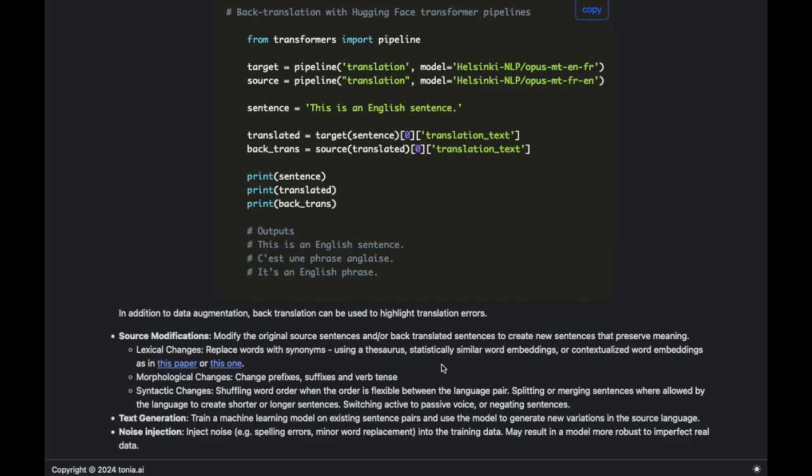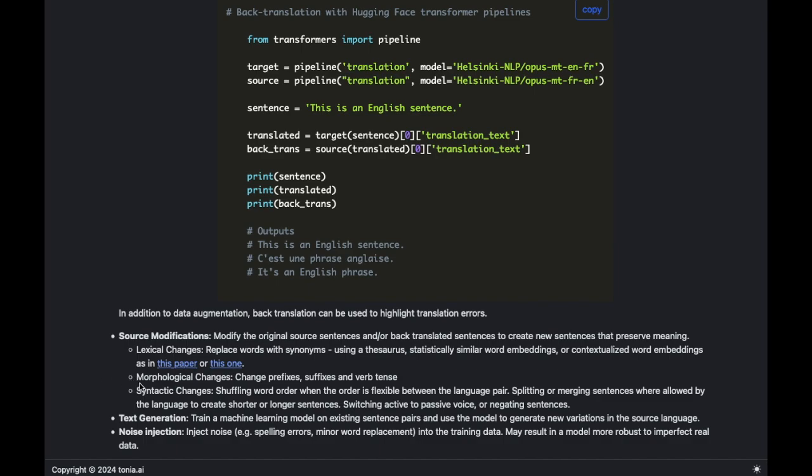You can also have techniques where we employ word embeddings, so instead of taking the word as is, we take the words that have already been embedded using an embedding model and find statistically similar word embeddings. So that would be an alternate to using a thesaurus on the actual words. Or we can use contextualized word embeddings. And I point to just 2 papers here that use contextualized word embeddings that you can review for more context on that methodology.